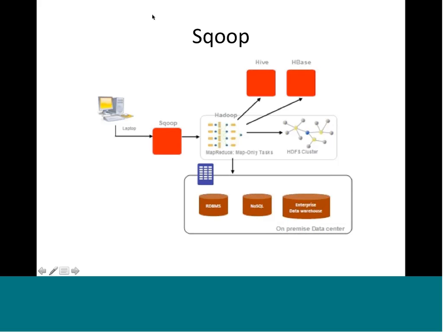Okay. So now if you see, this is what we have to set up. You see, client is there, right? So this client is writing something in order to use your Scoop as an interface between this database environment and your Hadoop cluster, right? If you see RDBMS, NoSQL, enterprise data warehouse, all these are different sources of structured data.